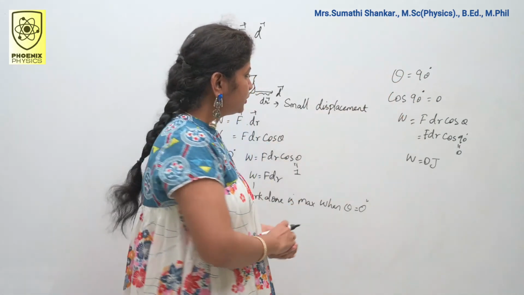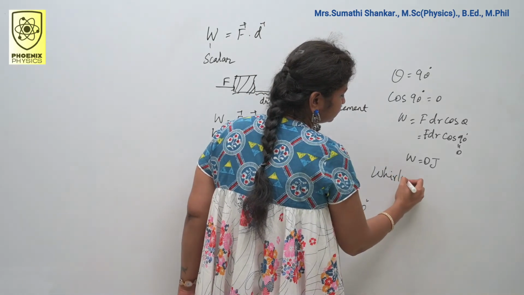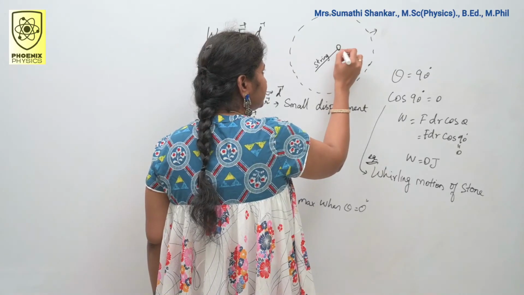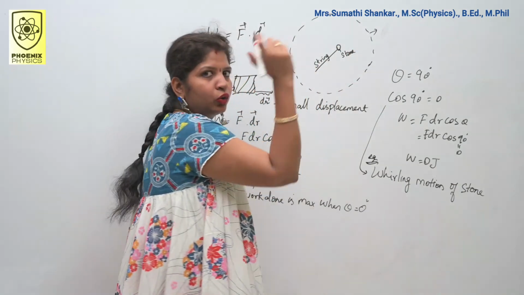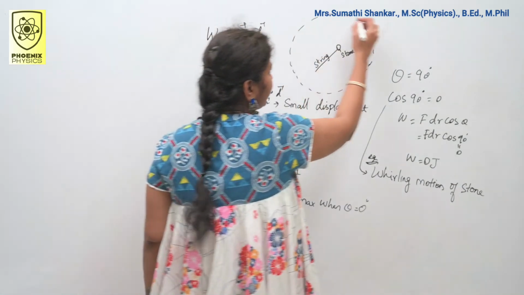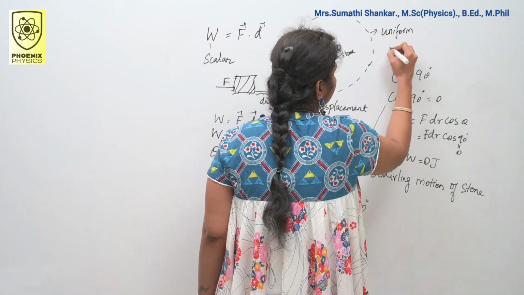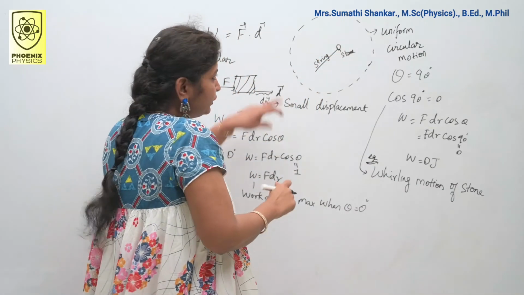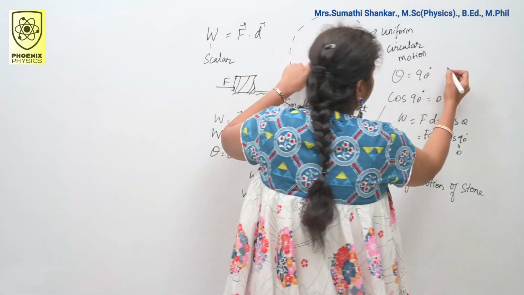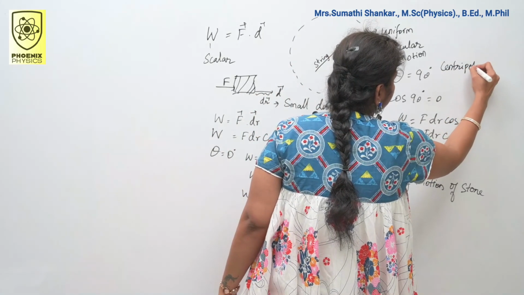An example for this is the whirling motion of a stone. Consider this as a stone, and this stone is connected to a string. Rotate like this. This is one example of uniform circular motion. The tension acts along the string. This tension is nothing but our centripetal force.